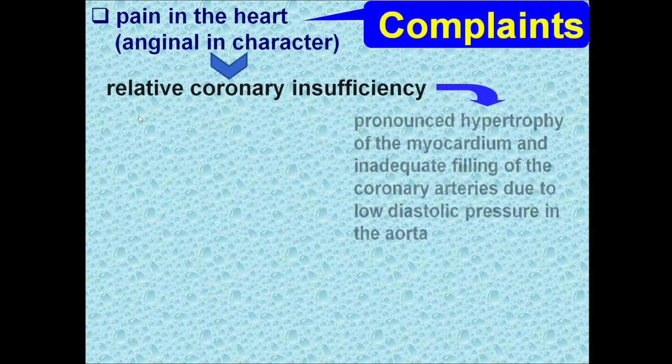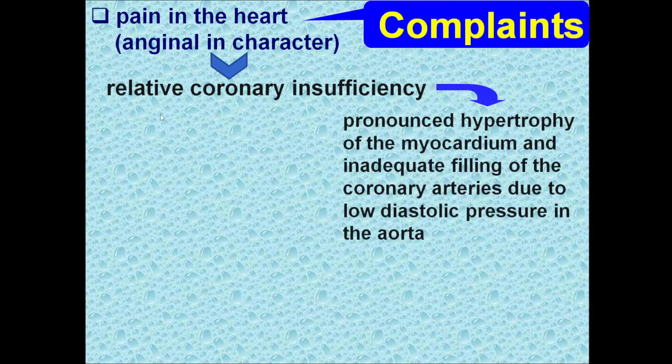As a result, relative coronary insufficiency develops because the pronounced hypertrophy of the myocardium needs more intensive blood circulation. It becomes impossible, first of all, due to the comeback blood flow and due to low diastolic pressure.